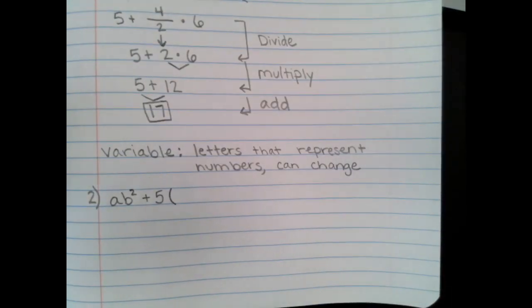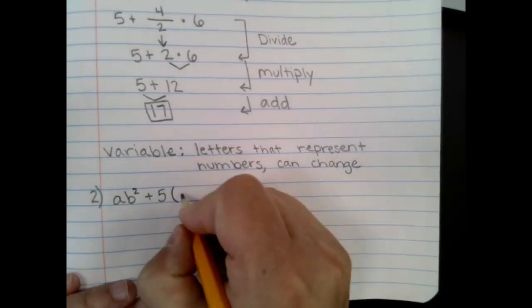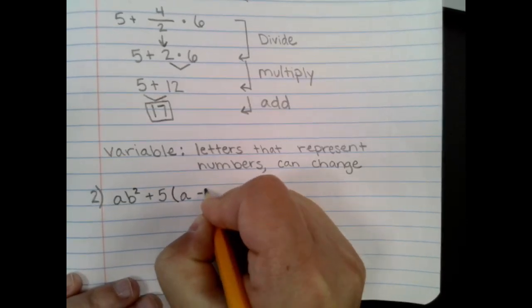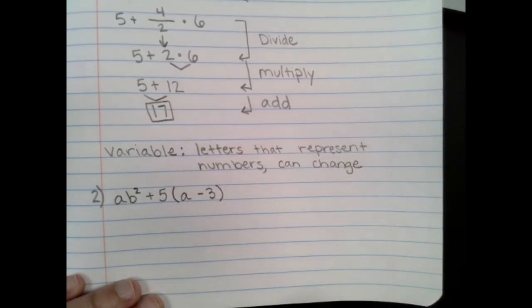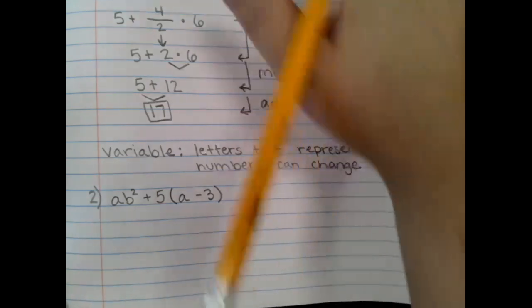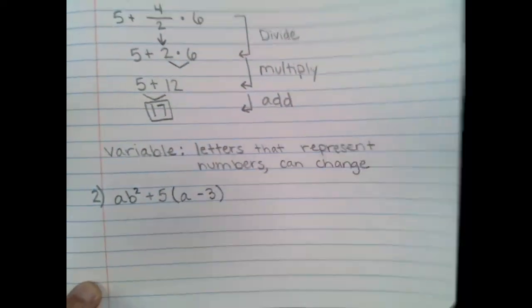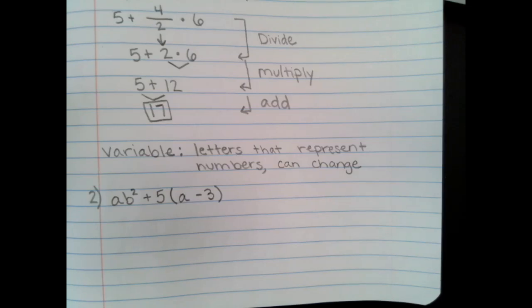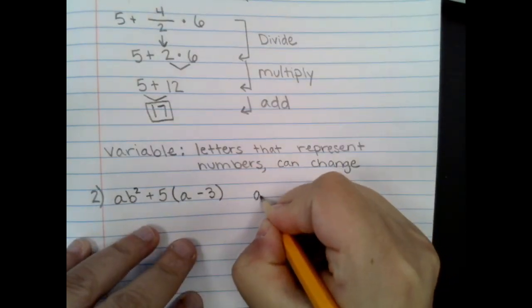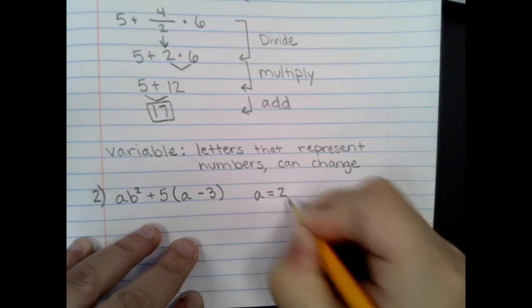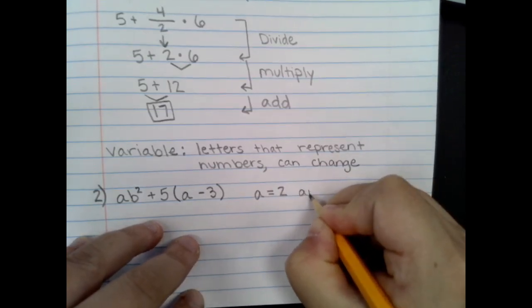We're going to use those parentheses. And we have A minus 3. All right, and what we know is we know A is equal to 2 and B equals 4.